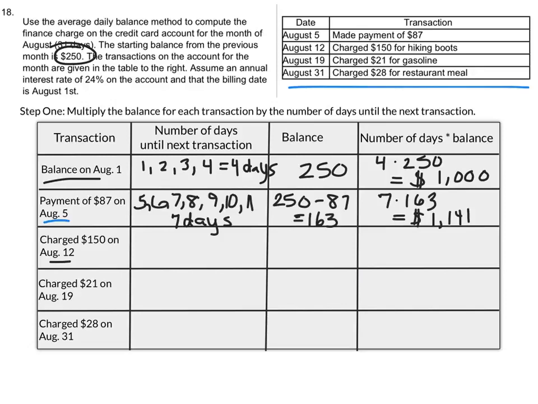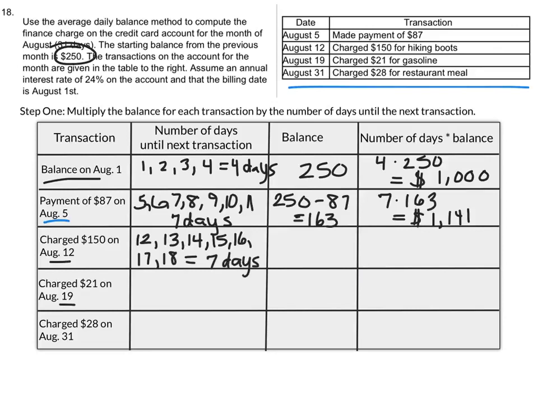I have a charge of $150 on August 12th. And the transaction after that is on August 19th. So I'll include the 12th, 13th, 14th, 15th, 16th, 17th, and 18th in my list. And if we count those number of days, I have 7 days.